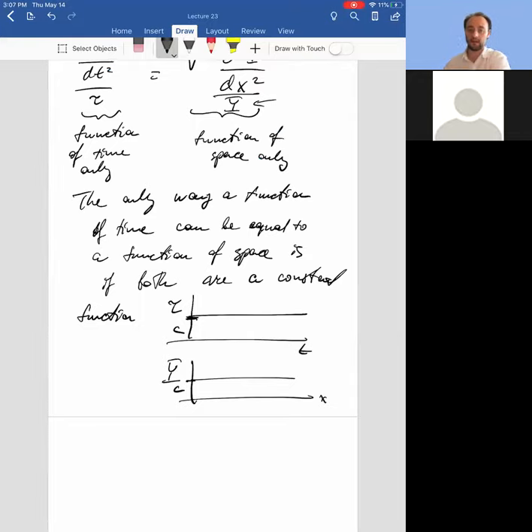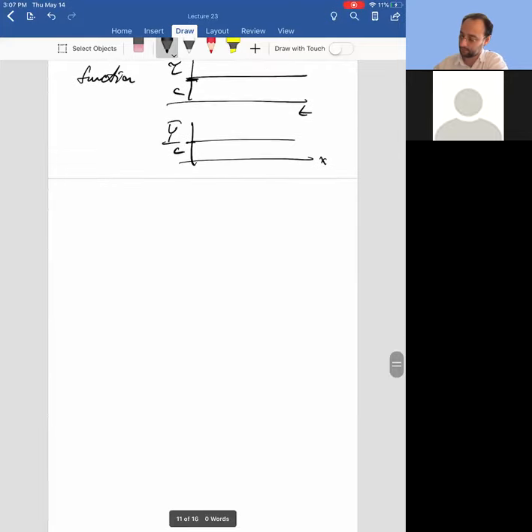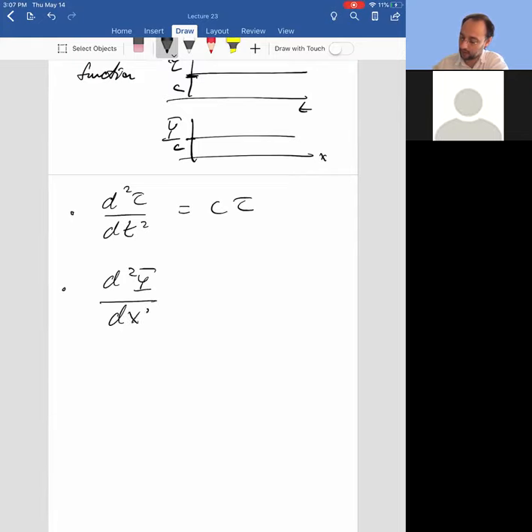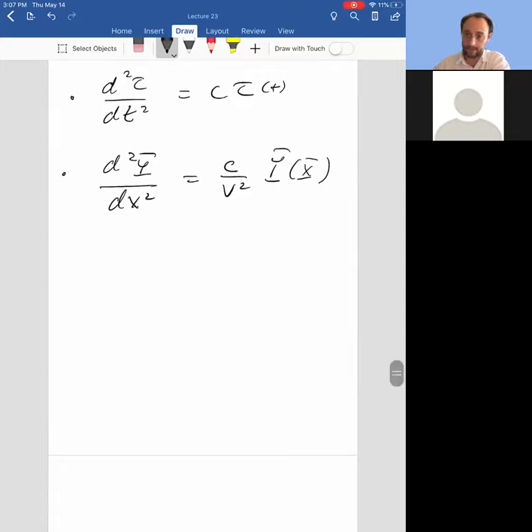So let me rewrite this. We have d squared tau dt squared equals c tau, and d squared y with respect to x squared equals c over v squared times y. This is where we are. The first thing I'm going to do, which will seem odd and random, is just call this c.